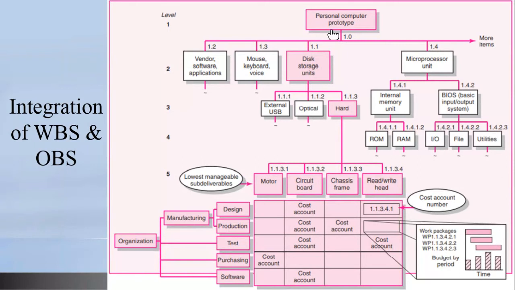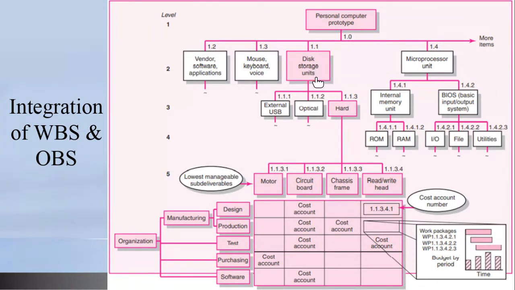So let us look. Remember we said that the personal computer prototype is the overarching output. So that is your level 1. We broke it down into more manageable components through the process of decomposition. So your level 2 deliverables are these, right?